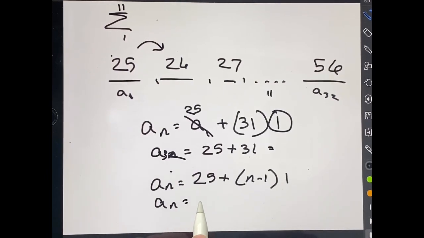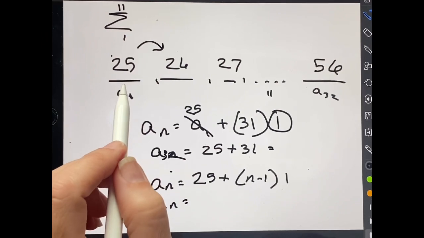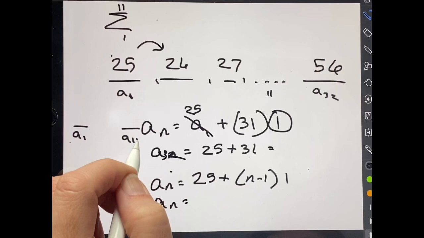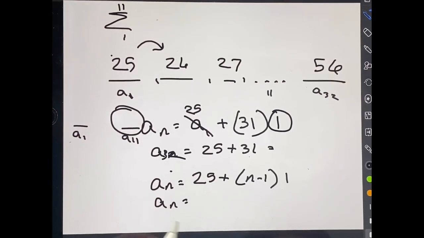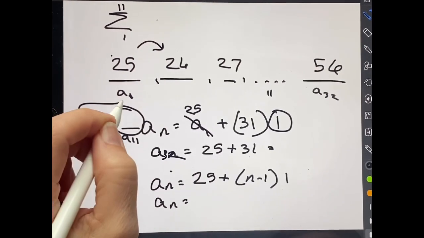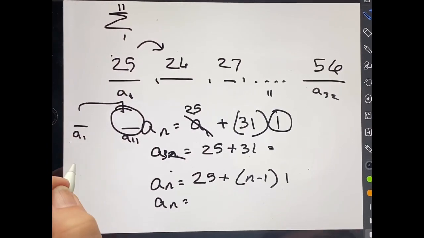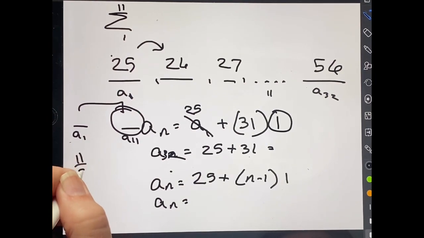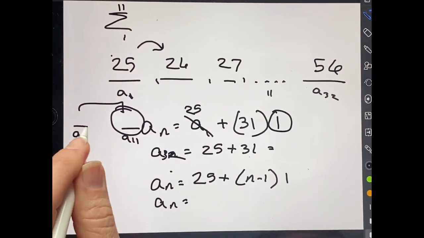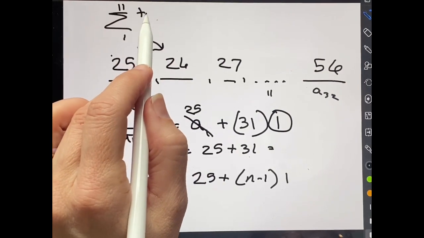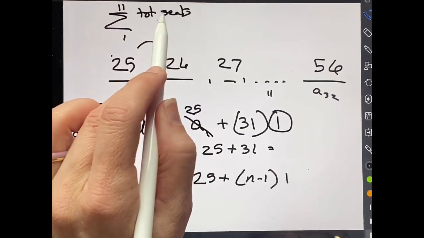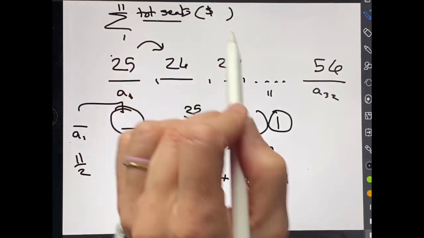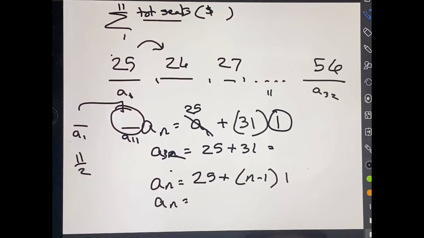So from row 1 to row 11, we need to add A1, add A11, find out the value for A11, add those up, you have 11 seats. So we have half of that with that pair, and that will give you how many seats, total seats, in those rows. Now that we have the total seats, we're going to multiply by the cost of each of those seats.